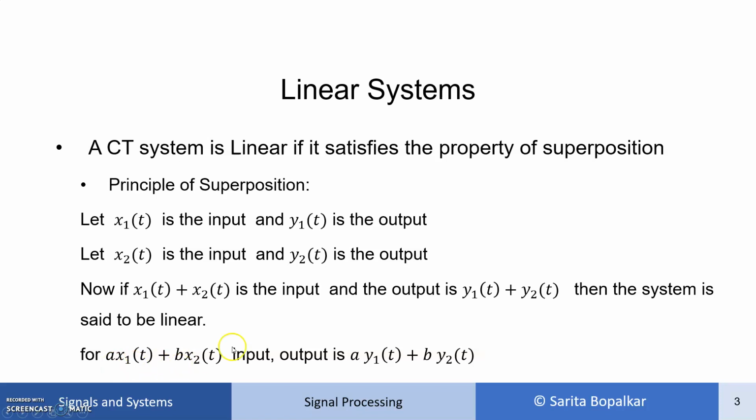Then at the output the same scaling will get reflected. y1(t) gets multiplied by a and y2(t) gets multiplied by b, and I will get the addition of the individual outputs. So this is the superposition principle.